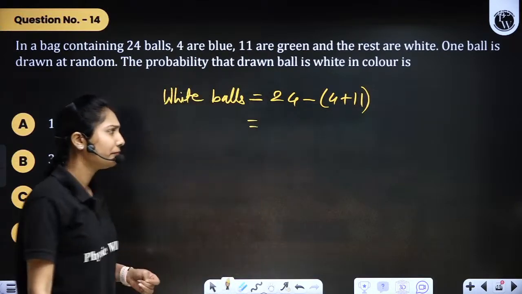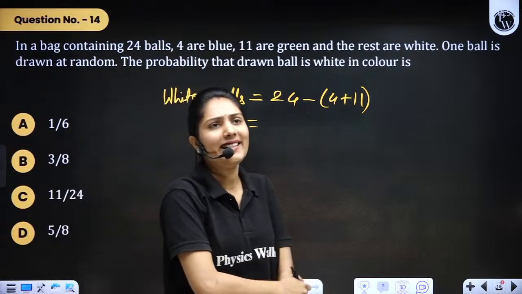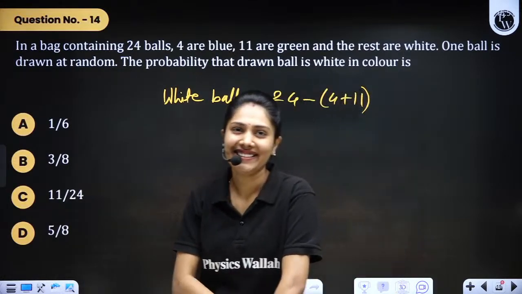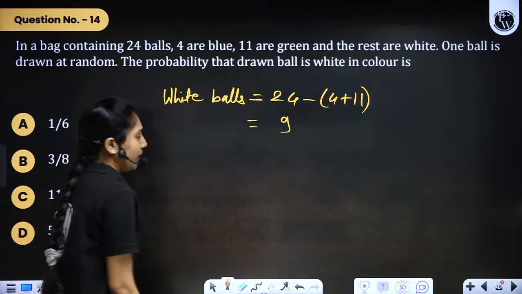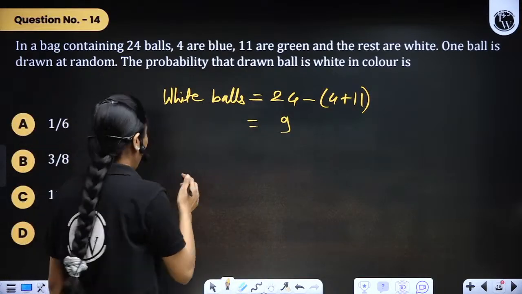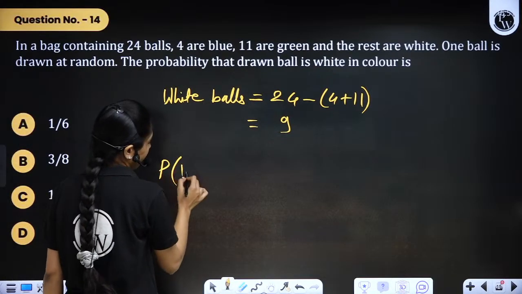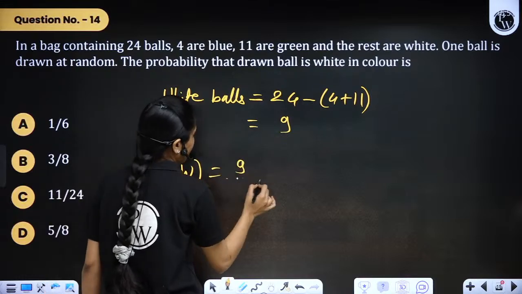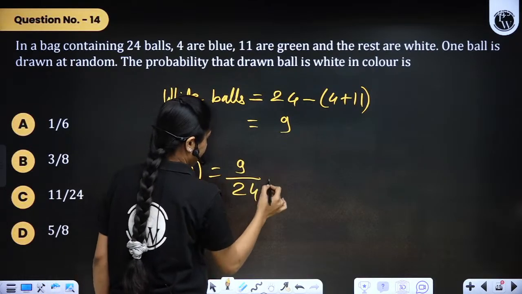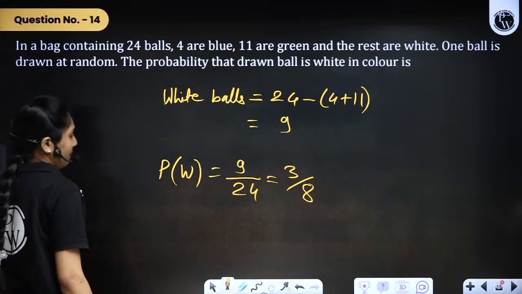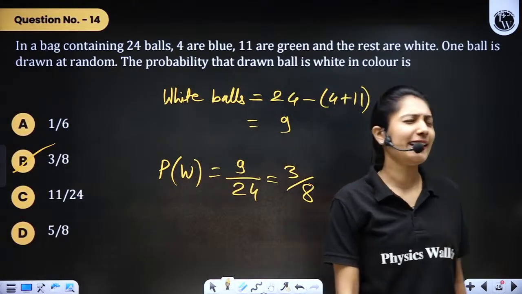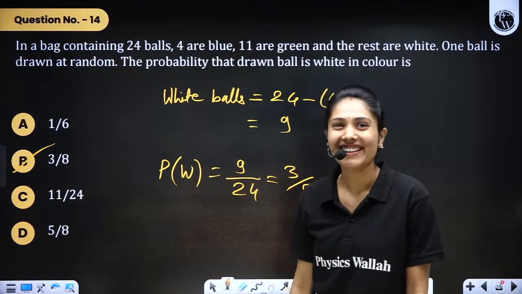Is it 24 minus 15, which is 9? So the white balls are 9 and therefore the probability of getting a white ball is 9 by 24, which is 3 by 8. That is option number B, 3 by 8. Easy peasy lemon squeezy, is it?